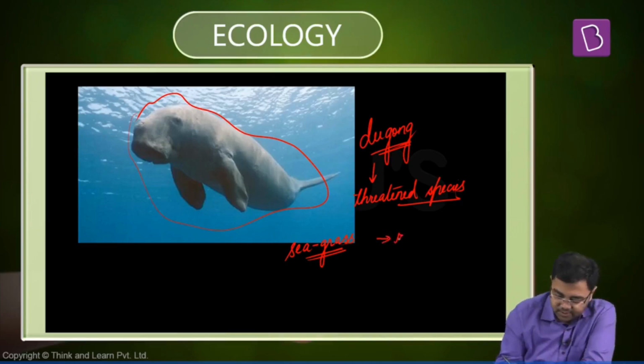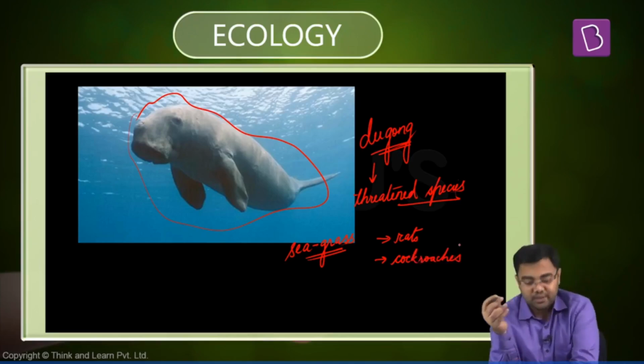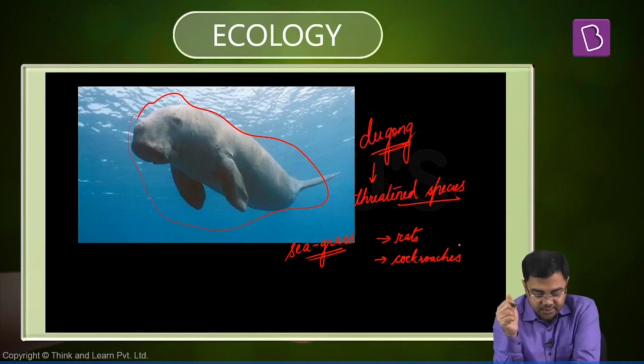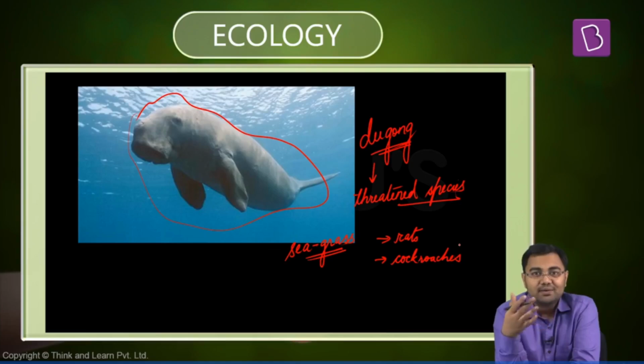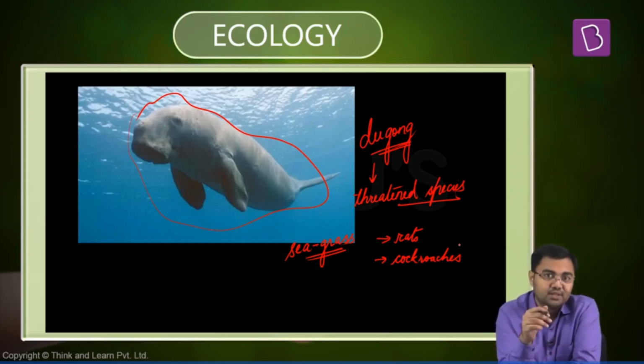You can talk about rats, cockroaches, even flies. So it's very funny that humans can be clubbed in the same bracket as rats, cockroaches or flies, because all these are organisms which can survive in any kind of niche, or they have generalized niche.